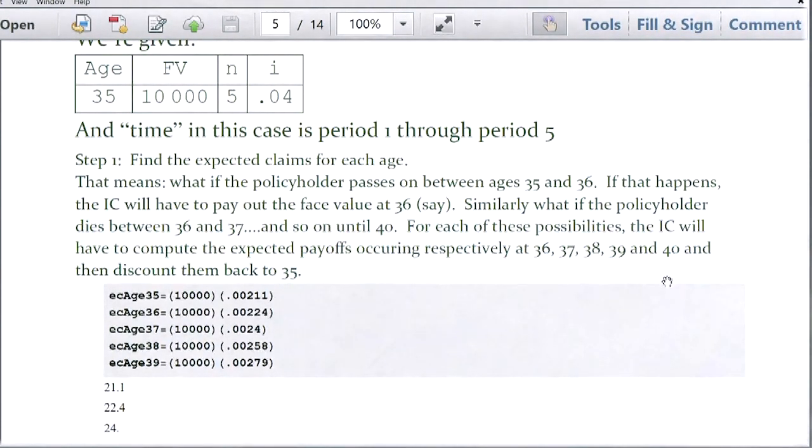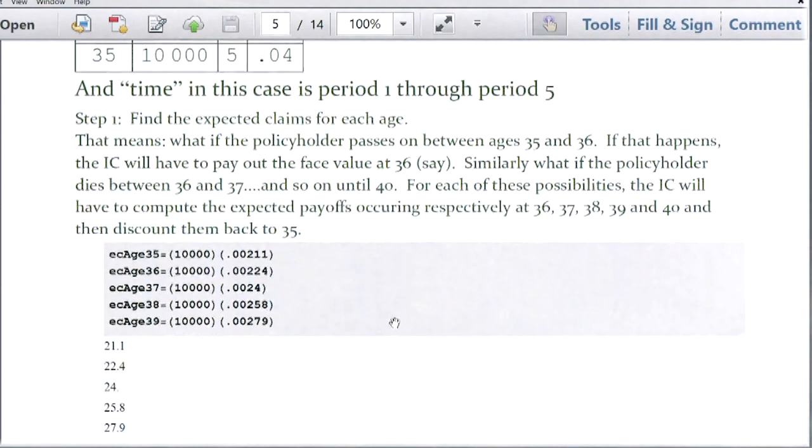What if this person were to die between 35 and 36? What would be the expected claims? What if the person then died between 36 and 37? What would be those expected claims? And so on till the period between 39 and 40. Those are 5 intervals where the insurance company has to do the what-if on an annual basis and figure that out.